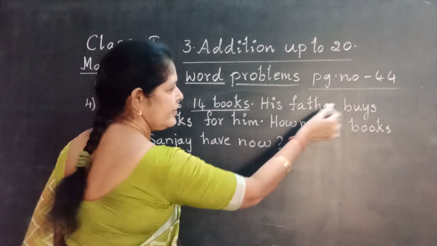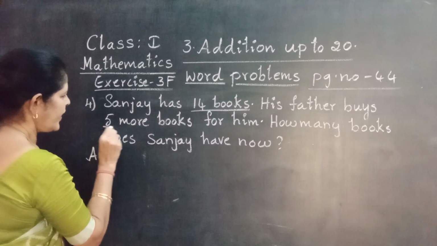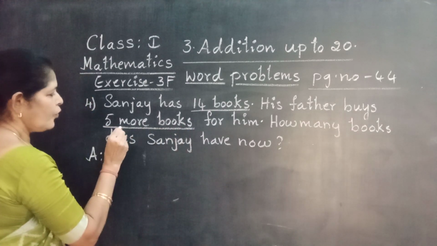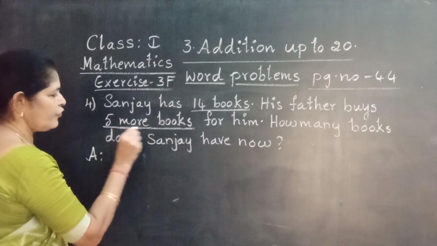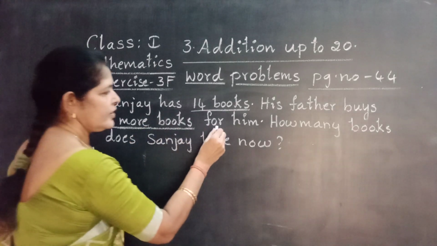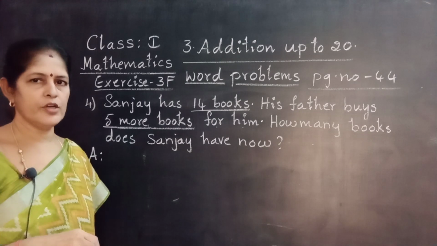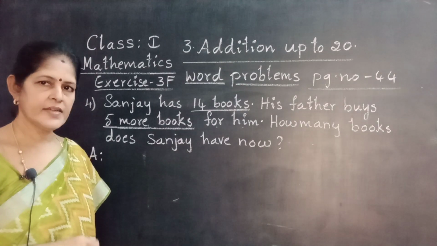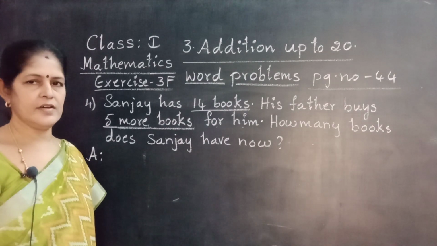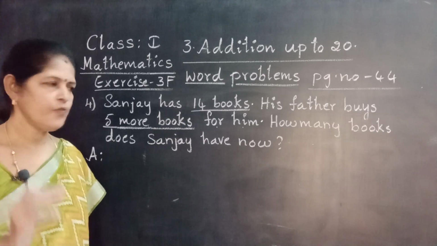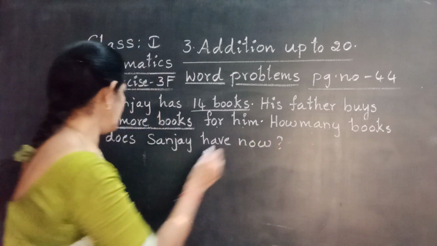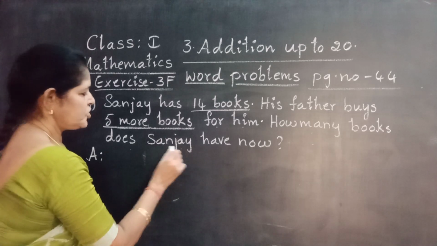His father buys 5 more books. More is an addition word. Already Sanjay has 14 books. His father bought 5 more books. More is an addition word. How many books does Sanjay have?